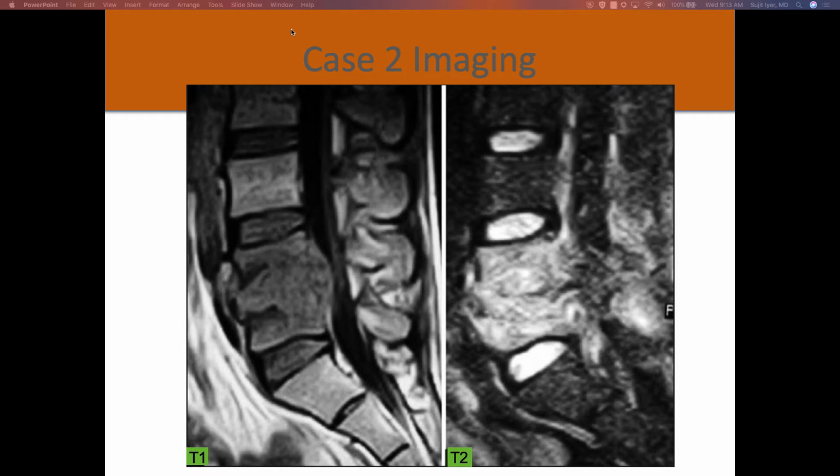Attenuation. Yeah, so it's the same sort of thing that we do with the plain films. Try to look at the disc above. We see the vertebral body. This darker line is the vertebral end plate, the disc, vertebral end plate, then the body, the vertebral end plate, the disc, vertebral end plate. And then you notice the entire vertebral body shows abnormal increased signal, increased T2 signal intensity, indicating increased edema.